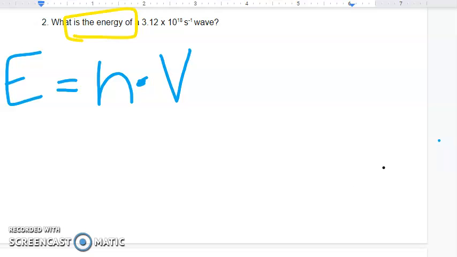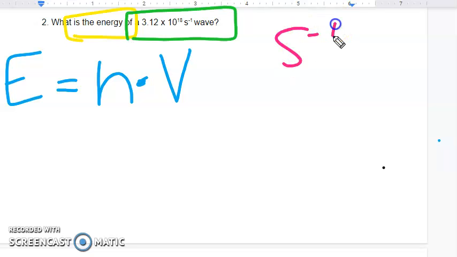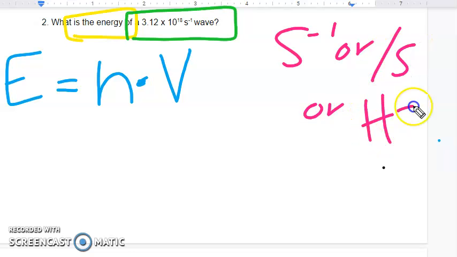Now, before we go any further, let's look at what else we're given. We are given this 3.212 times 10 to the 18th seconds to the negative 1. Now remember, this seconds to the negative 1 is the same thing as saying per second or hertz.